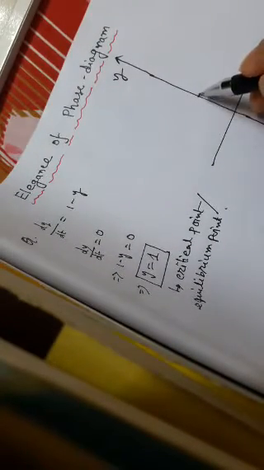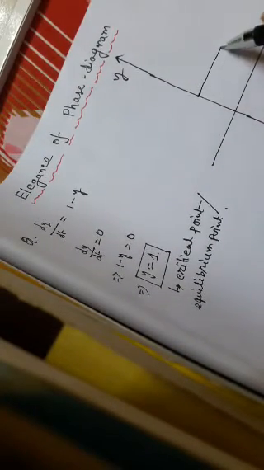If I consider this axis as t, and this axis as y, y is equal to 1 means this line. This line is y is equal to 1. This is origin.